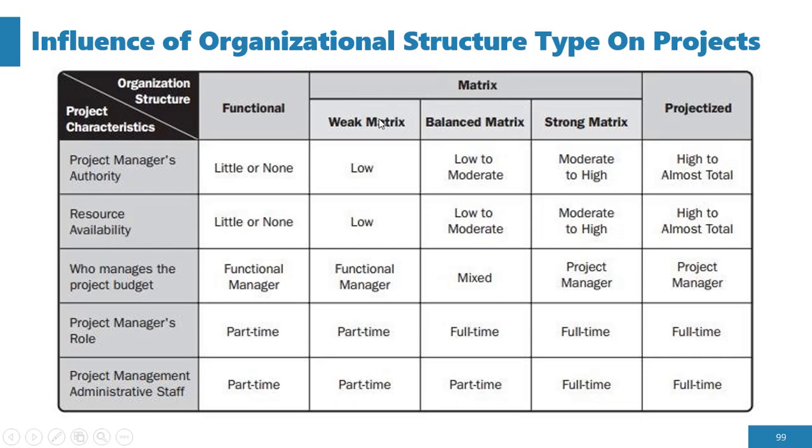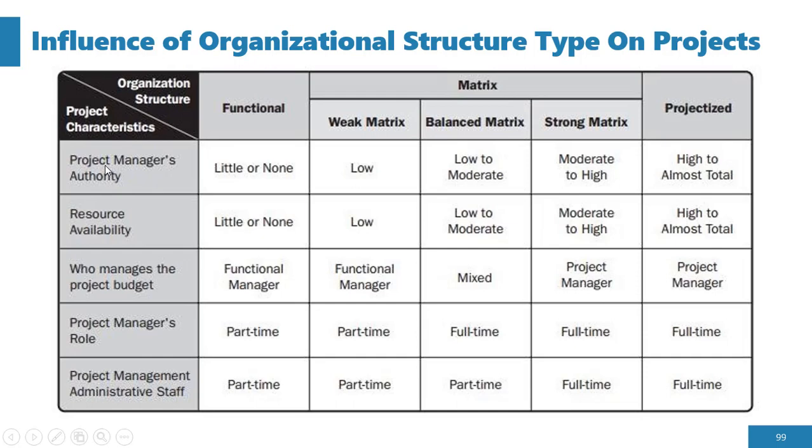Under the matrix you have the weak matrix, the balanced, the strong matrix, and then the projectized organization. Coming over this column, you have the project characteristics, how this structure influences the project.